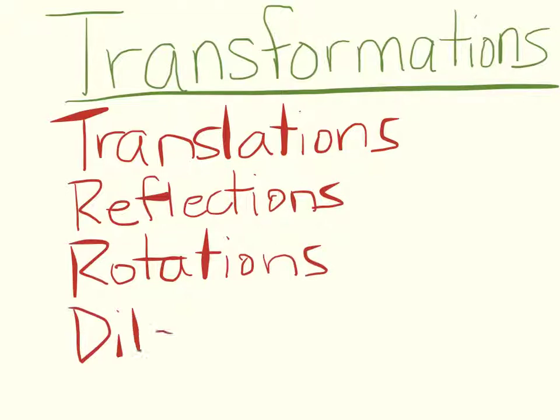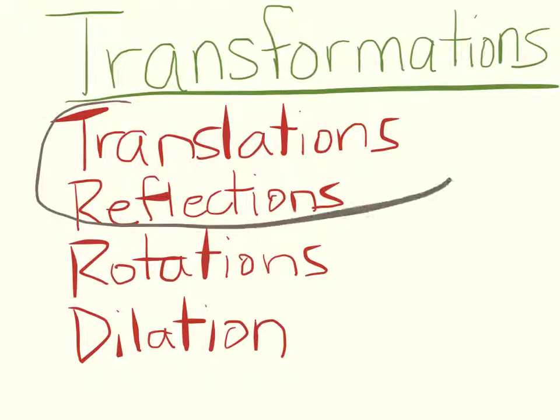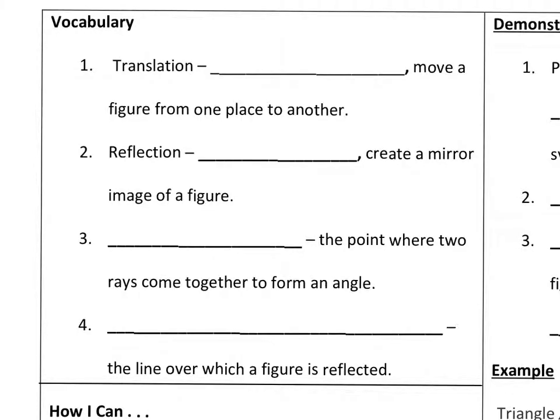So those are the 4 different transformations that we're going to be talking about this week. Today we're going to focus on the first 2. We're going to focus on translations and reflections. So get out your notes page and get ready to take notes to learn how to do these 2 types of transformations.